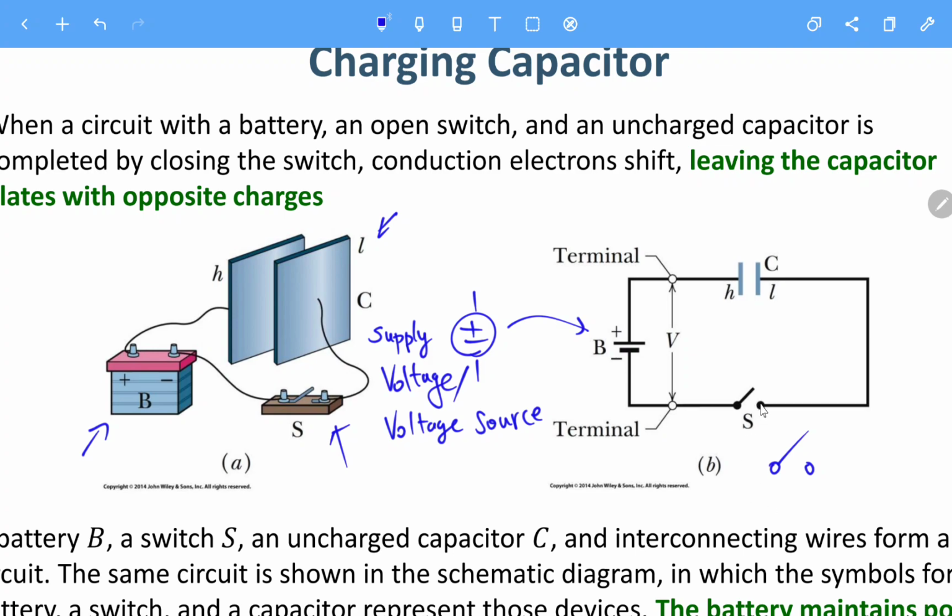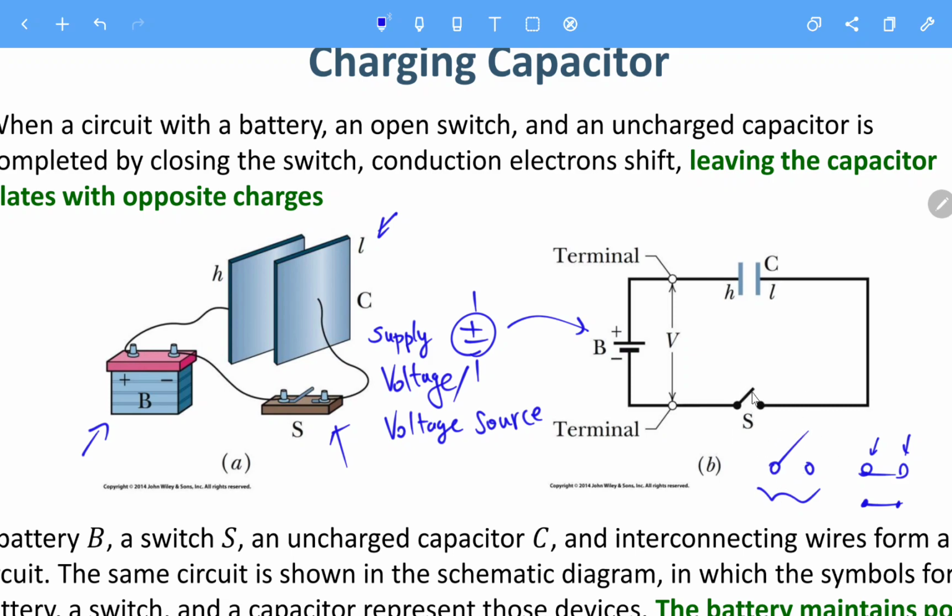This dot doesn't really matter; drawing a small circle is fine, and this line means initially it's open. If you just draw it like this, it's still a closed switch, but sometimes the dot might not be so clear. So we will generally use this symbol to specify a switch, which might be closed or open.